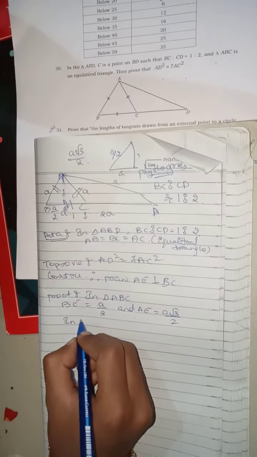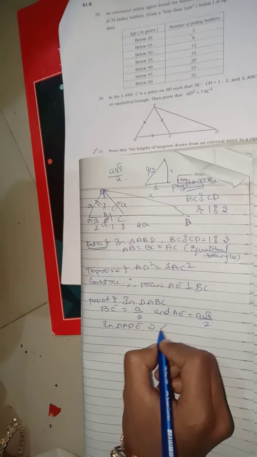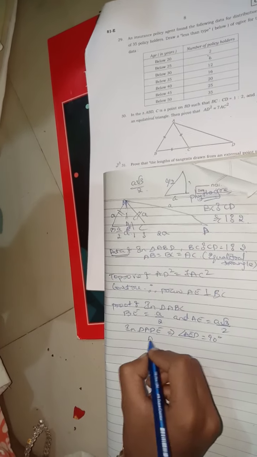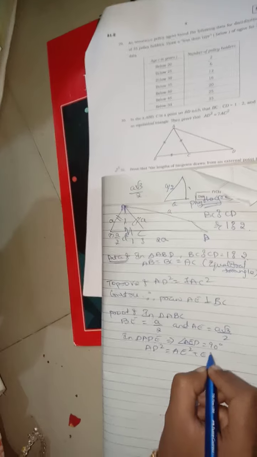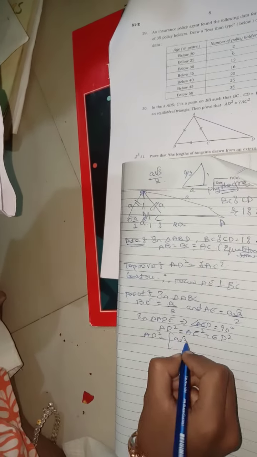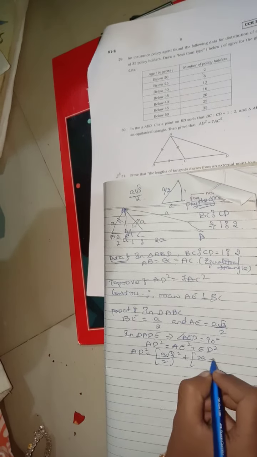In triangle ADE, angle AED is equal to 90 degrees. Then AD square is equal to AE square plus ED square. Then AD square is equal to a root 3 by 2 whole square plus 2a plus a by 2 whole square.